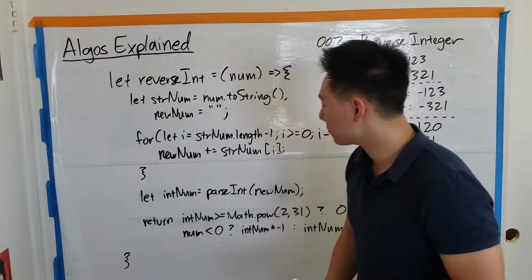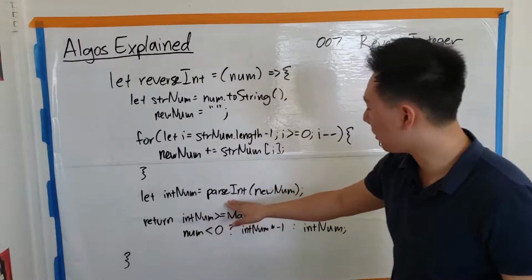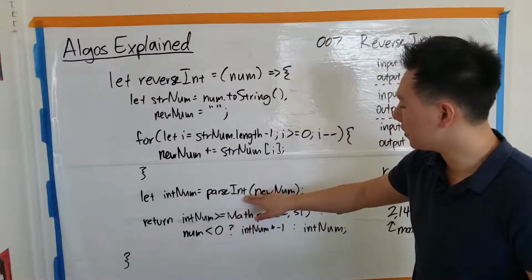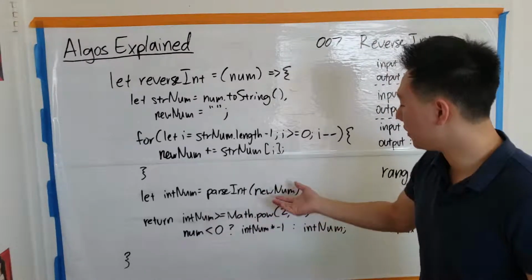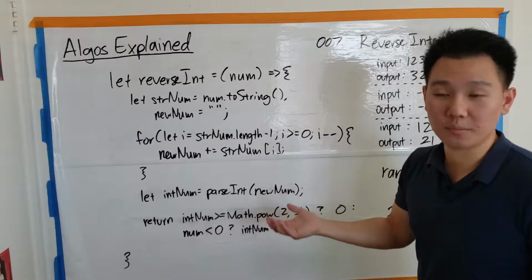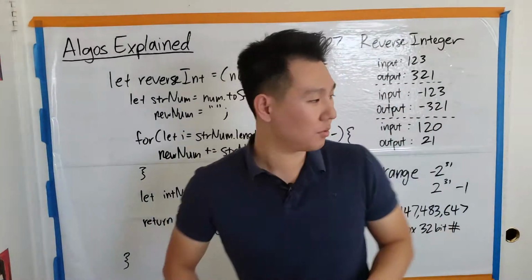And once we get here, let int num be a parseInt of the new num. parseInt is just a function that will take any string, and if it's a number in a string, it'll change that into a number. And the great thing about parseInt is that it will take care of this situation for us.